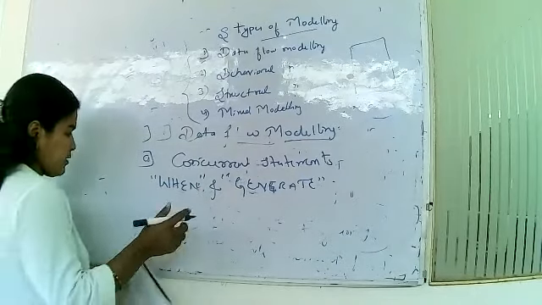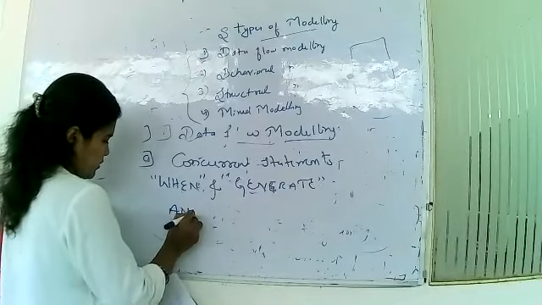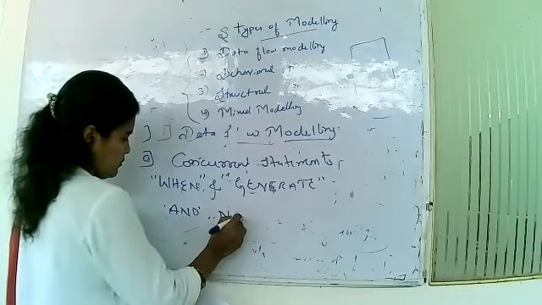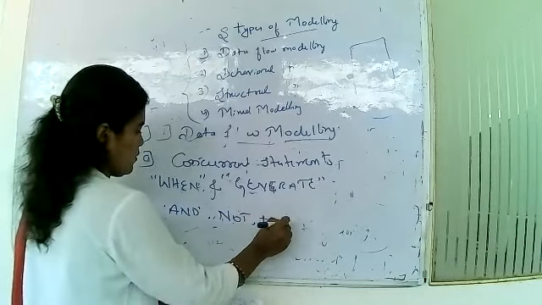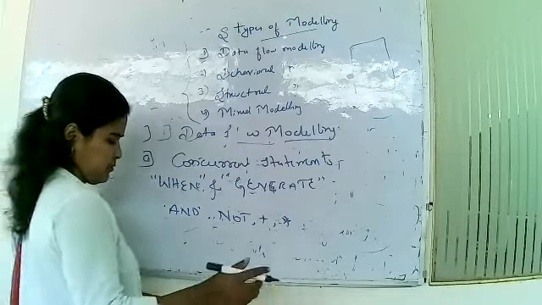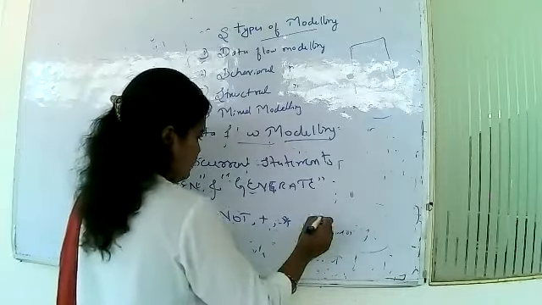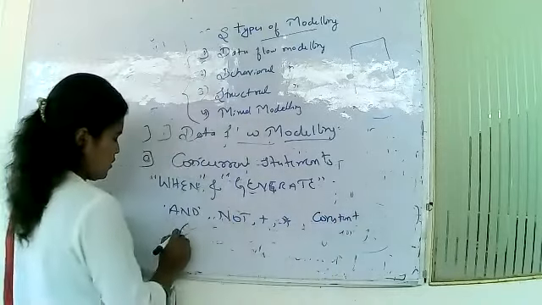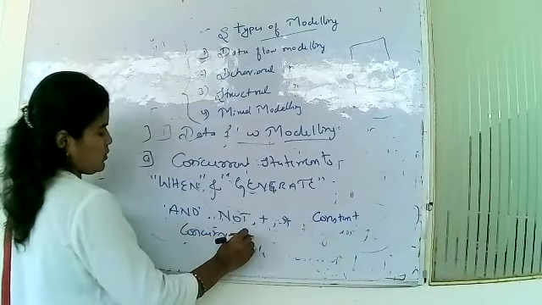Next, there are some constant codes, different codes: and, not, plus, multiplication. These are used for constant concurrent codes.